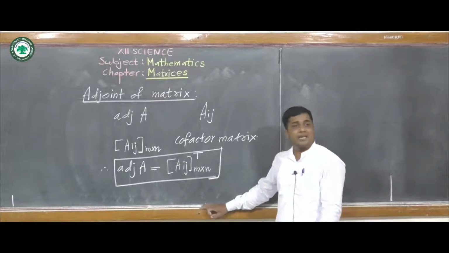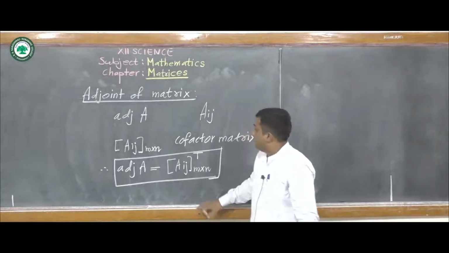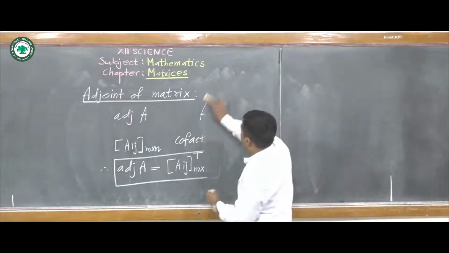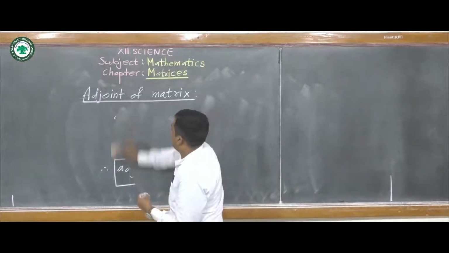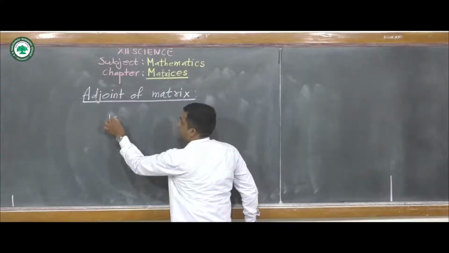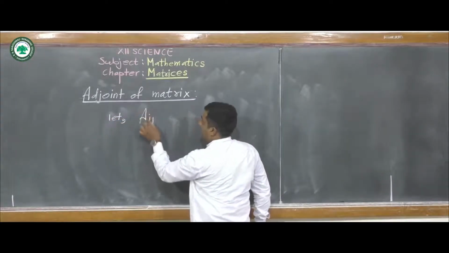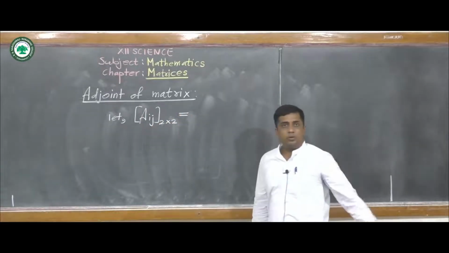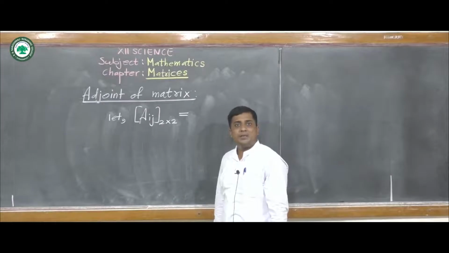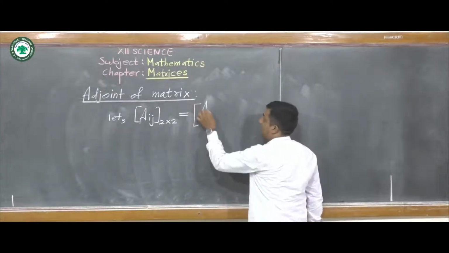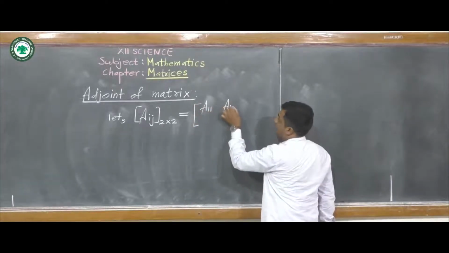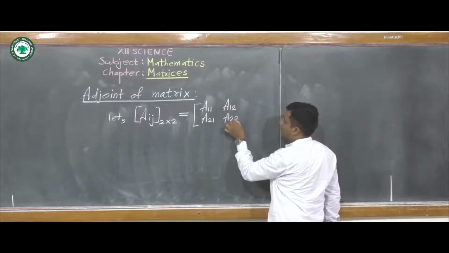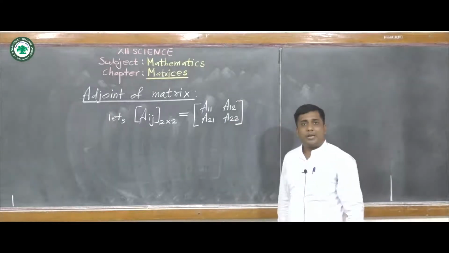Let us see one example to define the adjoint of A. Here we consider one cofactor matrix. Let Aij having order 2 by 2 be the cofactor matrix with elements A11, A12, then A21, next A22.